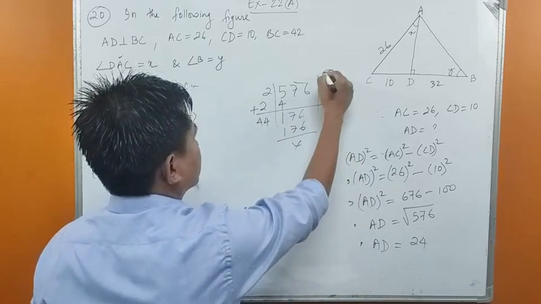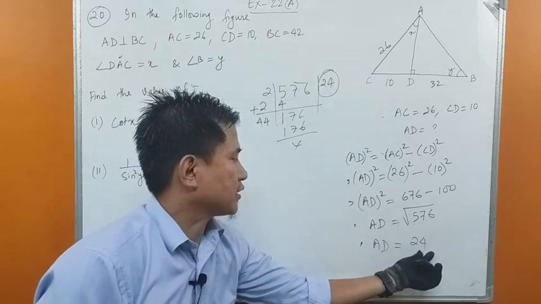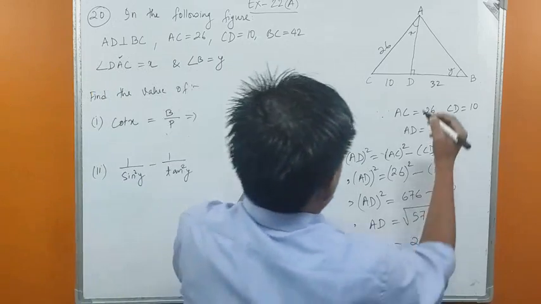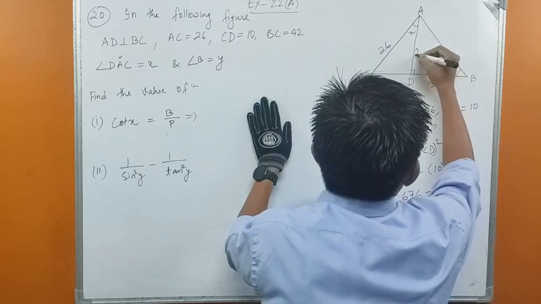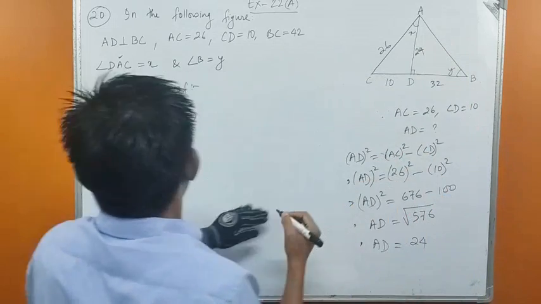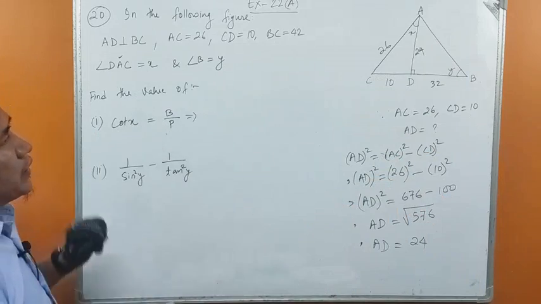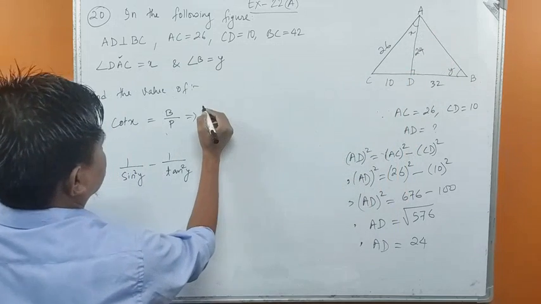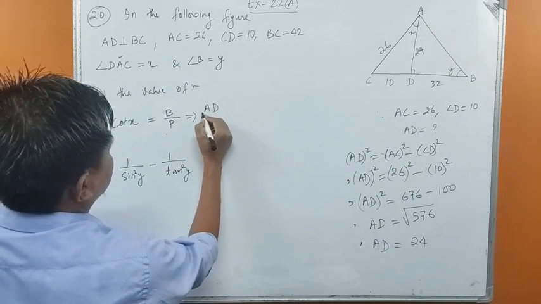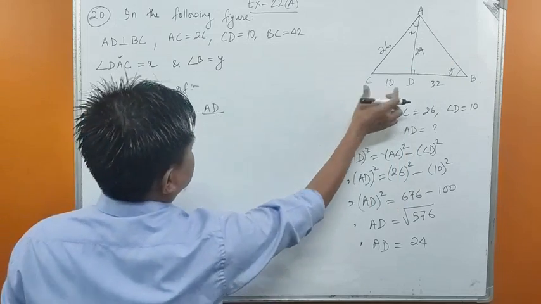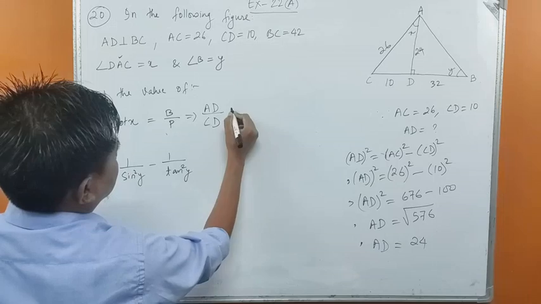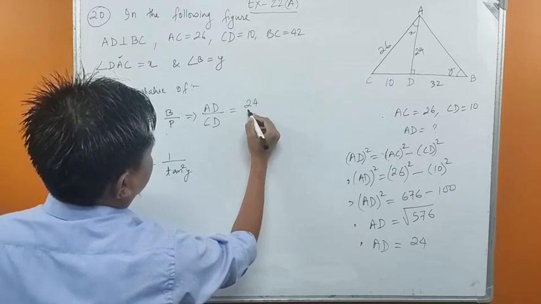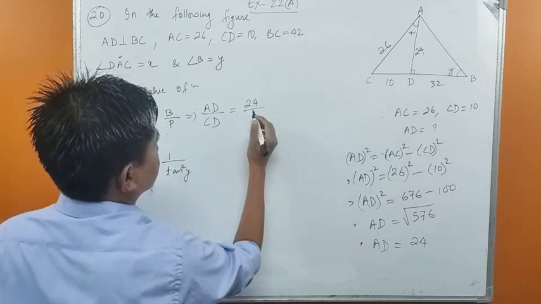24 is the square root of 576, isn't it? So we found AD is 24. Let me write AD is 24. Now cot x is base upon perpendicular. When we talk about this angle, base is AD and perpendicular is CD. AD is 24 and CD is 10.